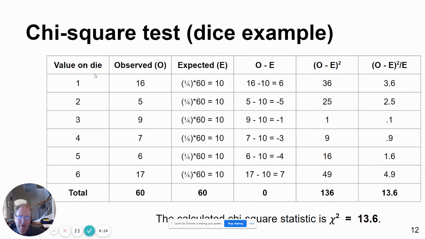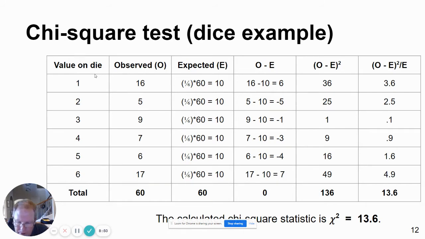And for my last column, I take that squared difference and divide it by E. So I have those numbers right there, 3.6, 2.5, that row of data. And so I'm going to add up the 6 rows of that last column, and the sum will be my chi-squared statistic. So the calculated chi-squared statistic in this case is 13.6, and that's the symbol chi-squared right there.